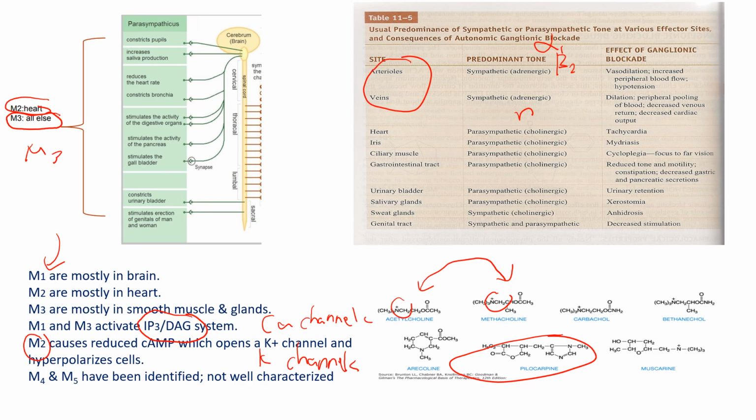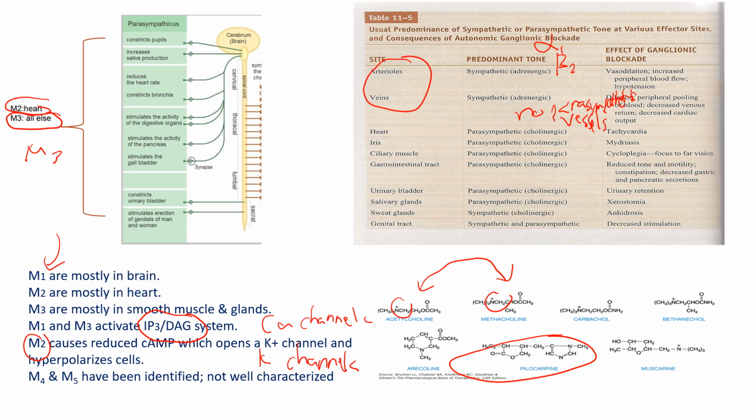So I'm just going to write no parasympathetic for vessels. That's a key thing. If you see vessels being dilated or constricted in a problem, it is never parasympathetic. It's always going to be sympathetic, either agonism or antagonism.